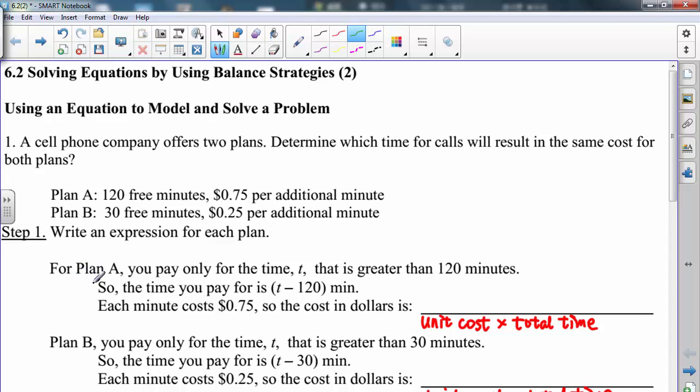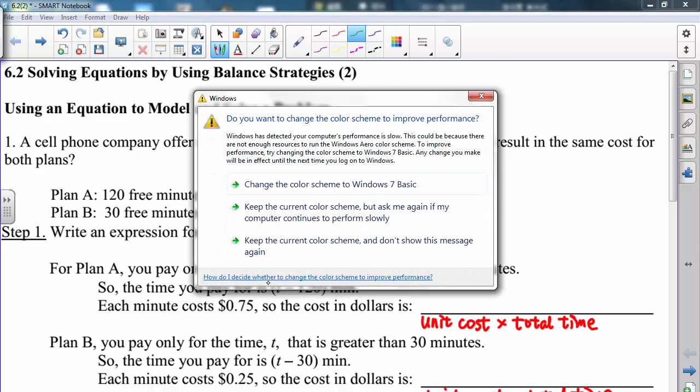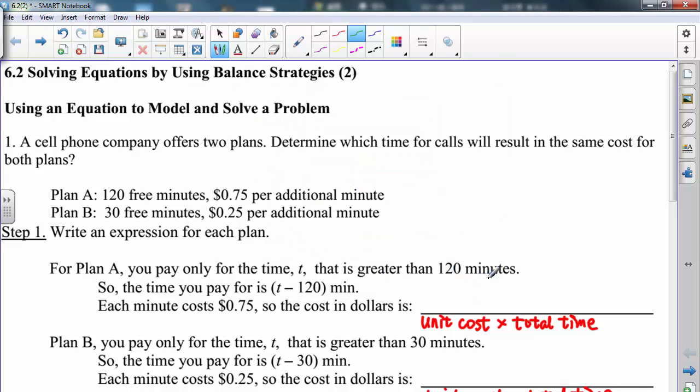For plan A, you pay only for the time t that is greater than 120 minutes. For example, if you called for 121 minutes, the first 120 minutes are free. You only need to pay 75 cents for the additional minute you called. If you called for t minutes, the time you need to pay for is t minus 120 minutes.